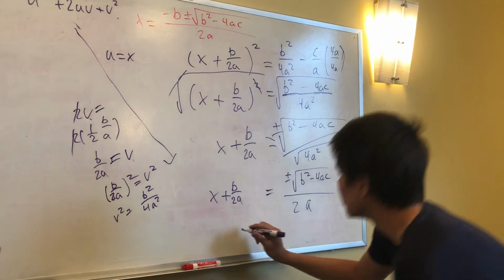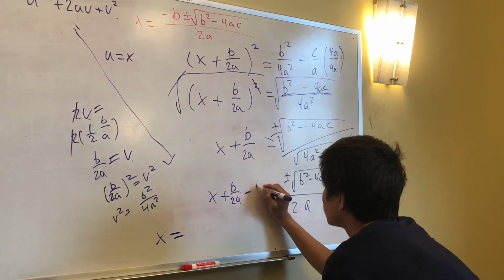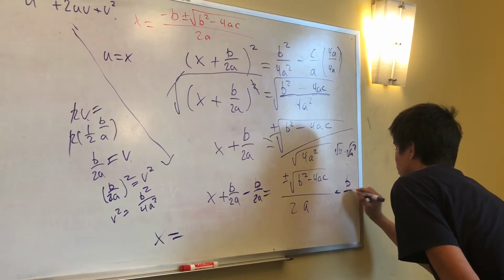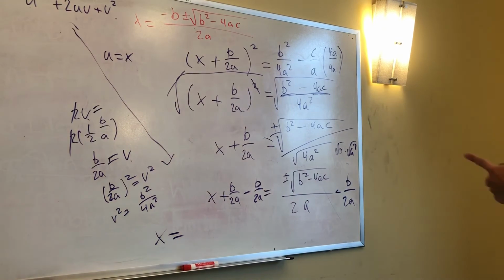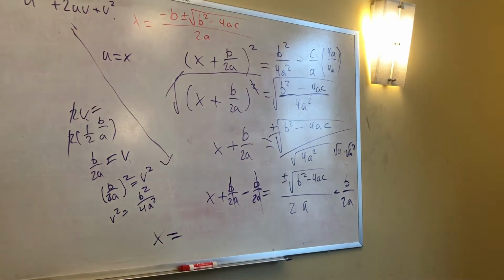Now let's isolate x, the easy part. So we have x is equal to, so we subtract b over 2a from both sides. If we subtract b over 2a from this side, that'll isolate our x.